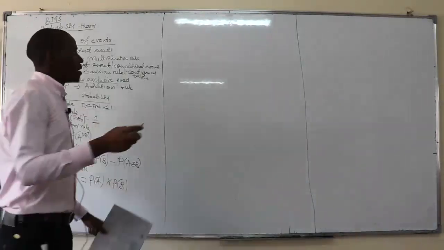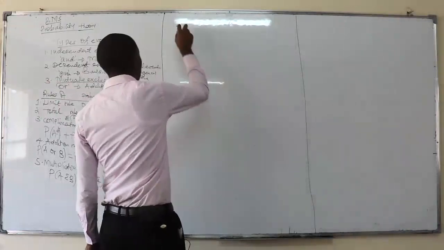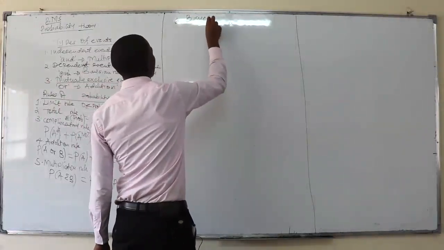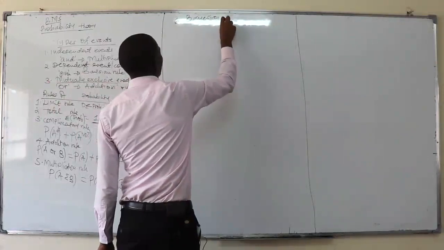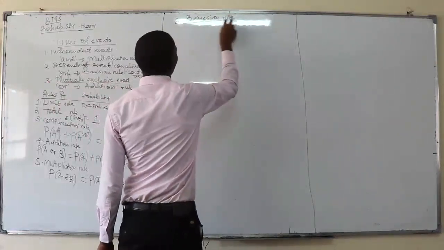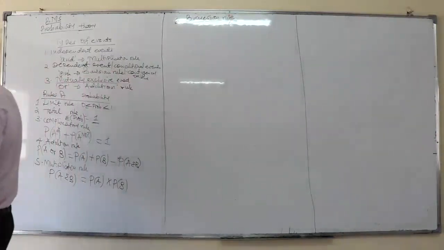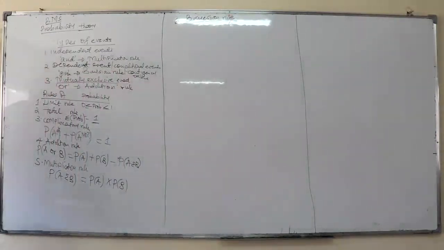Then the other one, number 6, is what we call the Bayesian rule. The Bayesian rule is applicable when you are talking about dependent events, and in this case they are normally denoted by the word given.